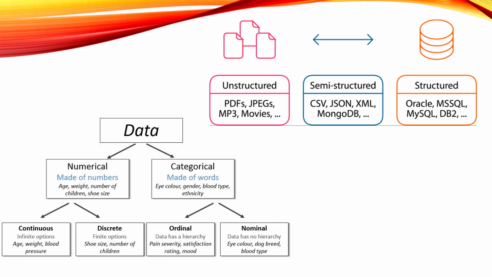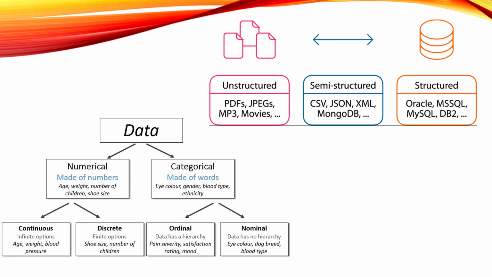So next comes what are the types of data we can see. First of all, we have structured data, unstructured data, and semi-structured data. Structured data, like in the case of, I think you all must have done database management system.